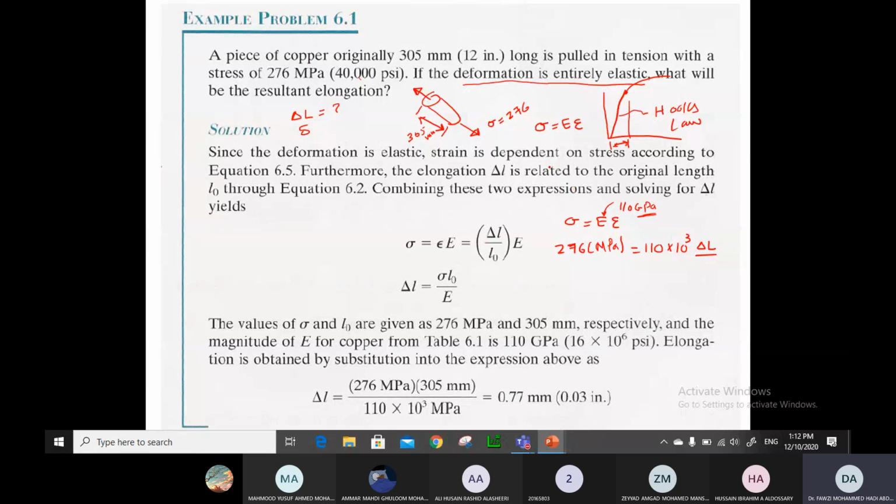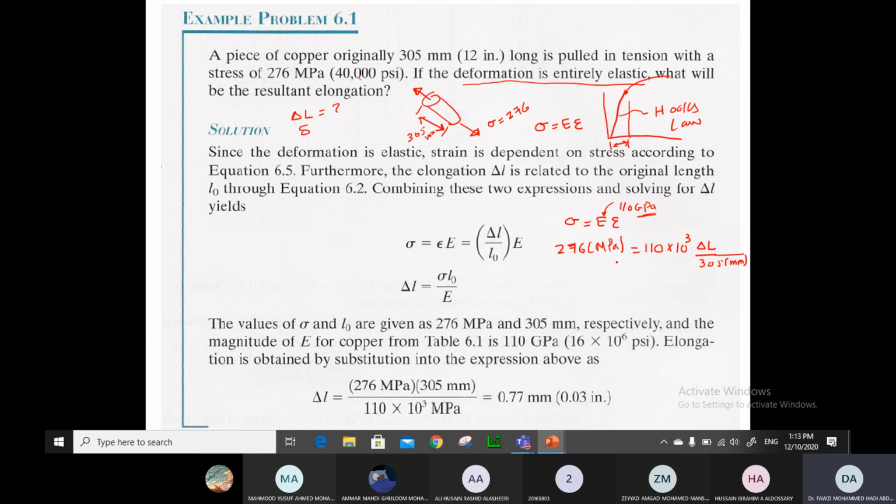How much is the L naught? Its original length is 305, and the unit will be in millimeter. Since it is millimeter over millimeter, the result of delta L will be in millimeter.